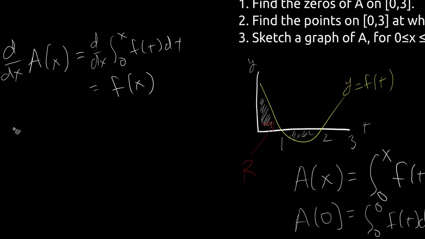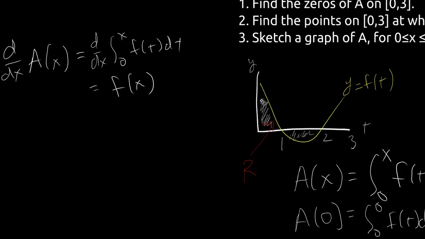So what does that tell us now? From Calc 1 we know that whenever a function is increasing, its derivative is positive, and vice versa. So whenever f is positive, the area function is going to be increasing.